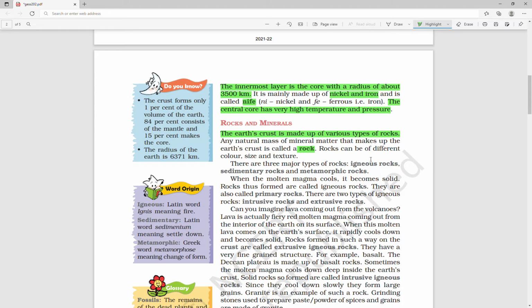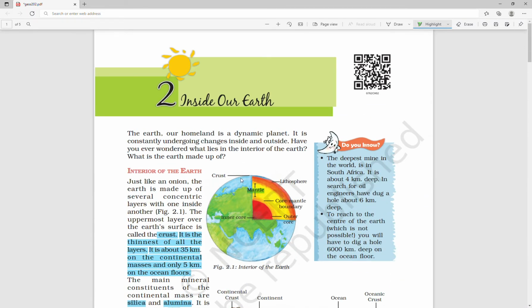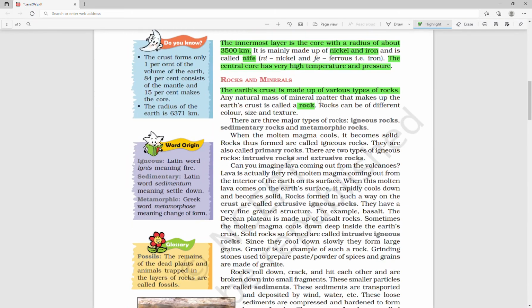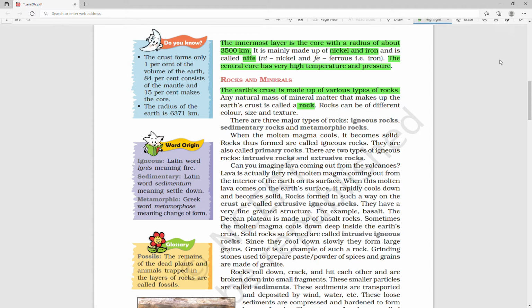It's not like only one type of rock. It's various types, many types of rock. Various means many.